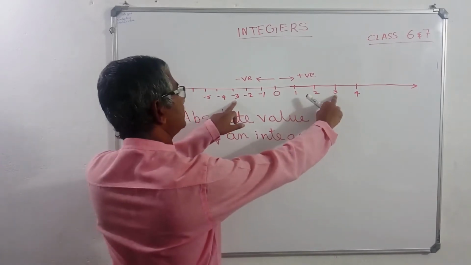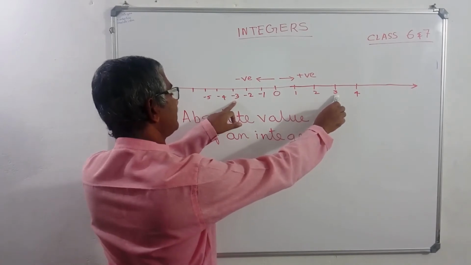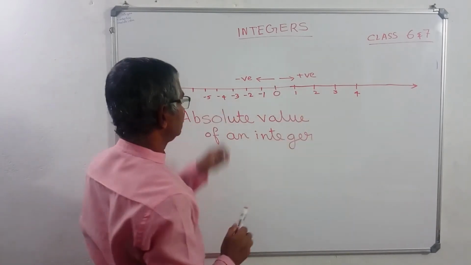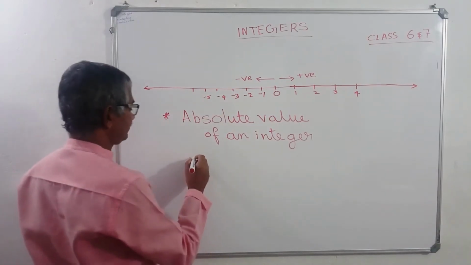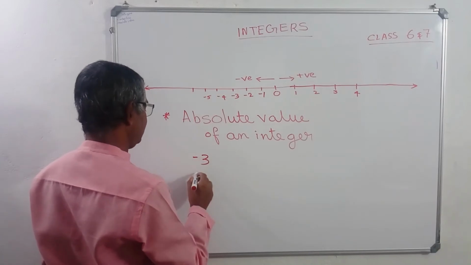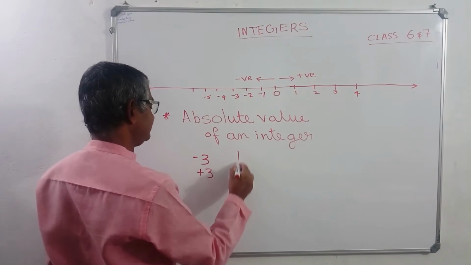Consider negative 3 and positive 3. Both are equidistant from 0. So we can say the absolute value of negative 3 and positive 3 is 3.